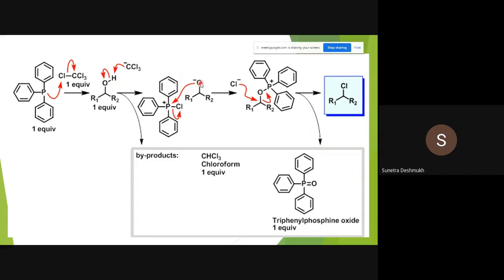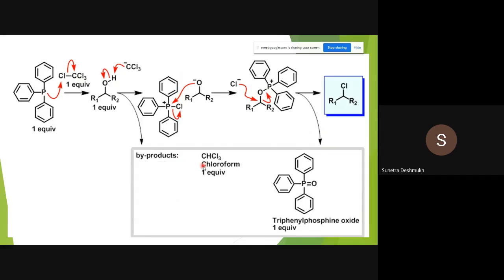This alkoxide ion attacks on the positive charged phosphorus atom to form the phosphorus oxygen single bond. Eventually how the phosphorus oxygen double bond is forming, and how this triphenyl phosphine oxide is eliminating. Again, chloroform is eliminating.